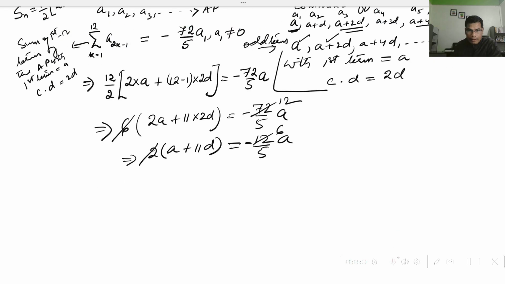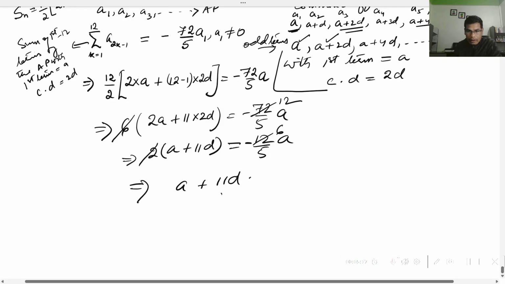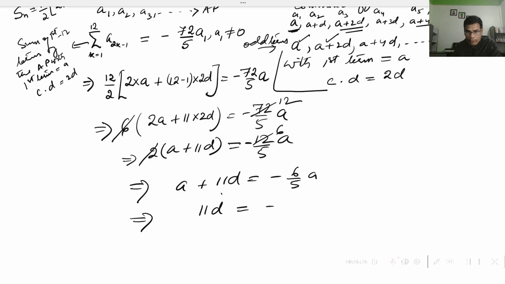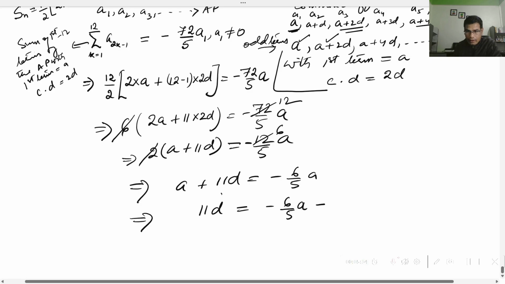So finally we have A plus 11D equal to minus 6 by 5 A. Which implies 11D is equal to minus 6 by 5 A, then taking this A to the other side, it will be minus A, but minus A we can write as minus 5 by 5 A.